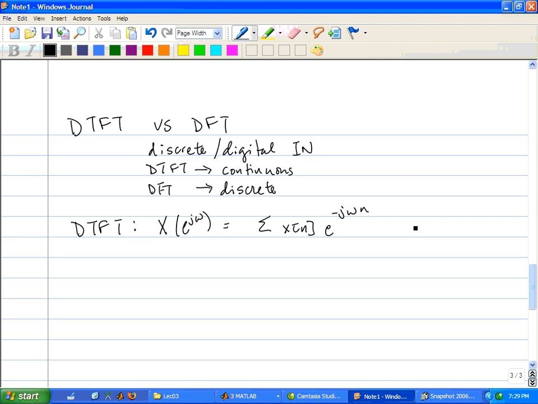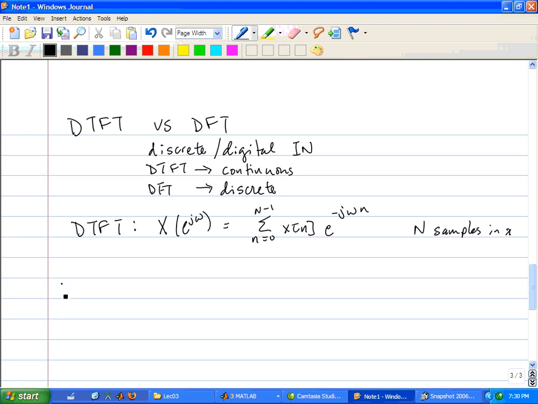So let's say there are capital N samples in x. So that's summed from n equals 0 to N minus 1. Okay, so that gives you a total of N samples. So that was that definition. This is a continuous function, right? You could plug any value of omega in here, and you'll get some output.